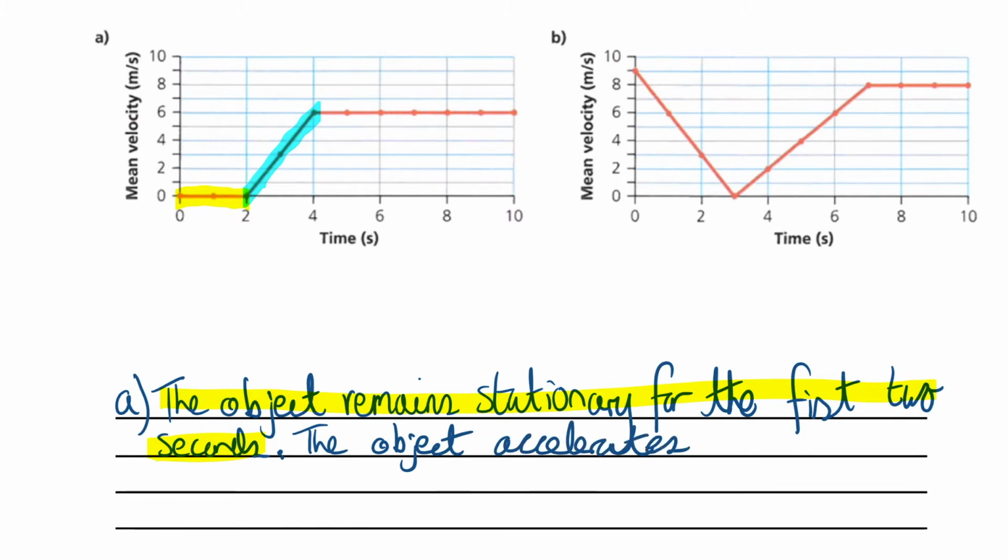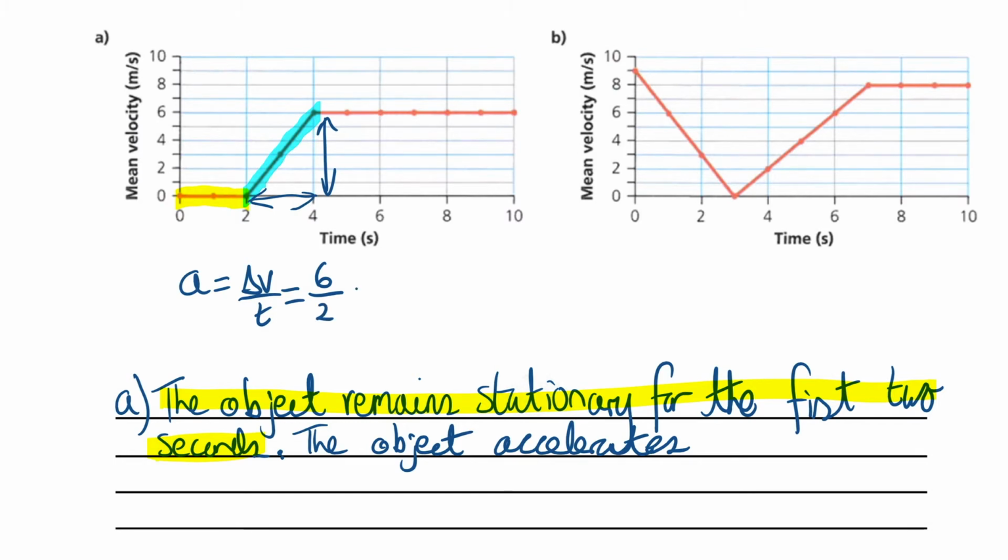I'm going to pause there because I want to include the rate of that acceleration. In order to work that out, I'm going to do my calculations here: work out the change in velocity, and that's 6, divided by the time. It's going from 2 to 4, I should be using a ruler there.